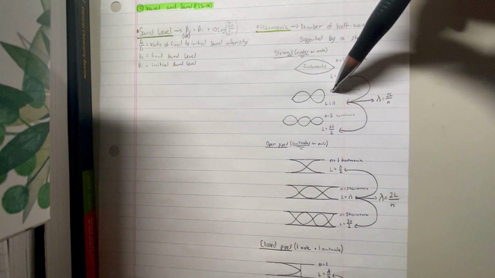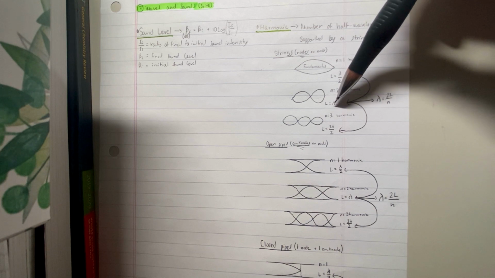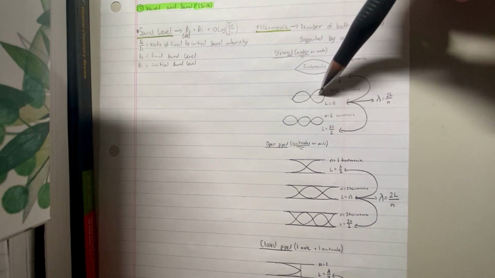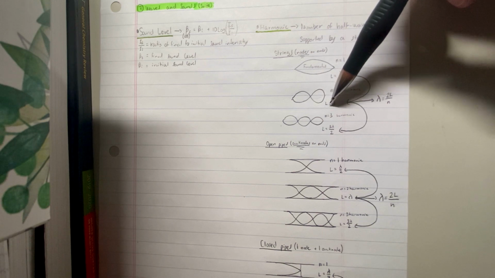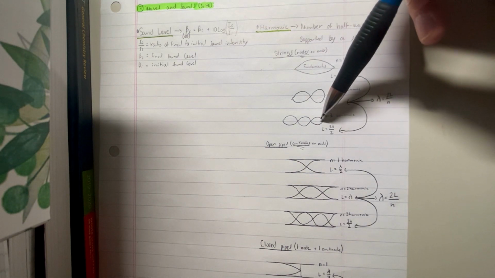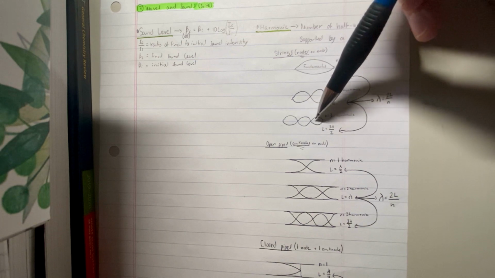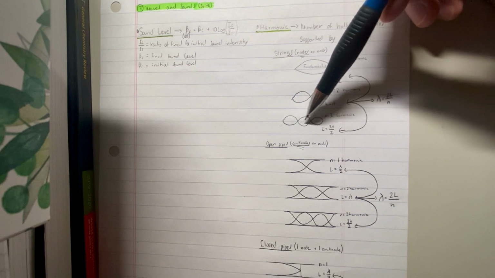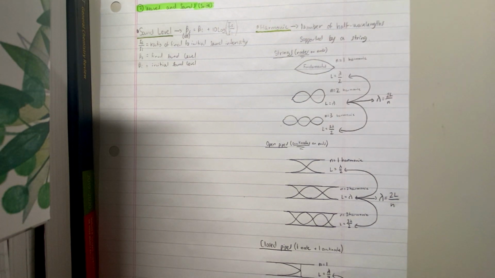Now if we go to harmonic number 2, here we have one half wavelength, here we have a second half wavelength, which makes a full wavelength. So the length of this harmonic would be one wavelength. For the third harmonic, one half wavelength, two half wavelengths, three half wavelengths. So the length here is 1.5 wavelengths, or 3/2 wavelength.